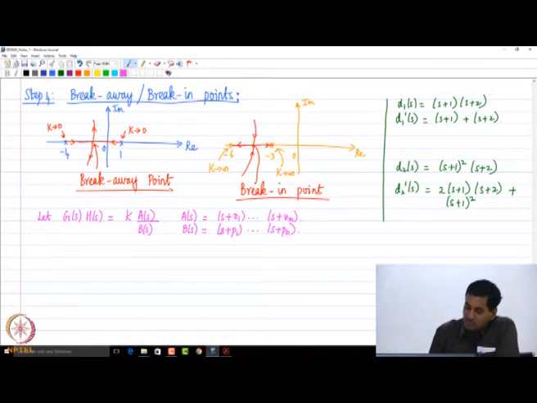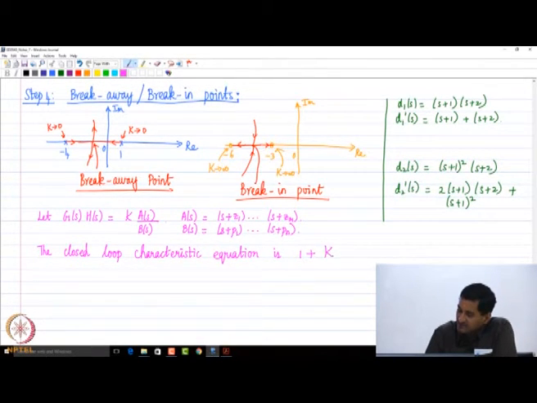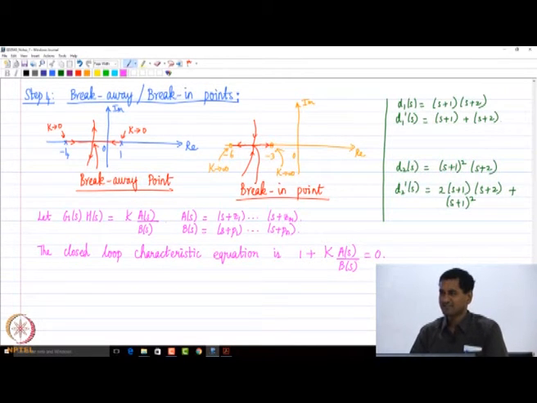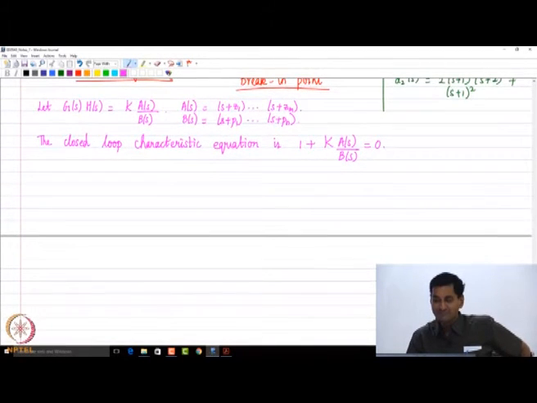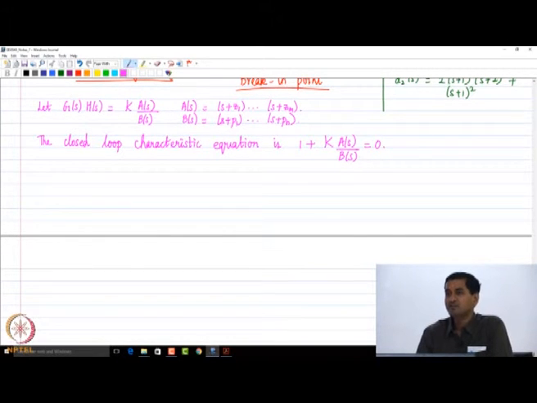Consequently the closed loop characteristic equation is going to be 1 plus k times a of s divided by b of s equals 0. Do you agree? That's the closed loop characteristic equation, because the closed loop characteristic equation is 1 plus g of s h of s equals 0. Now if the closed loop characteristic polynomial has a repeating root, immediately what can we say about it?